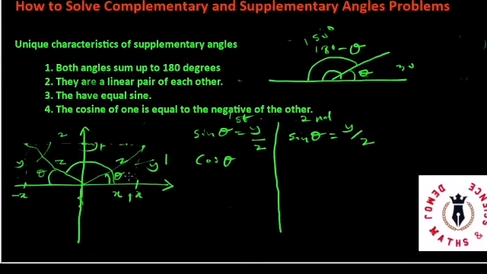At the first triangle here, cos theta is equal to x over z. But at the second part of the triangle, my cos theta is equal to minus, because the x here is negative, minus x over z.